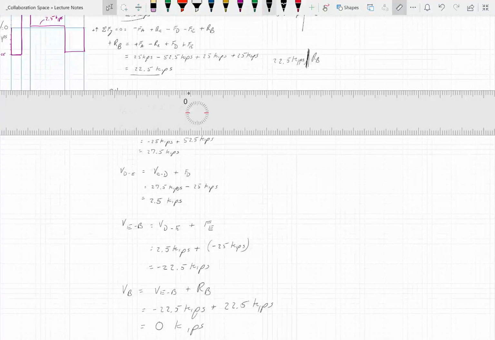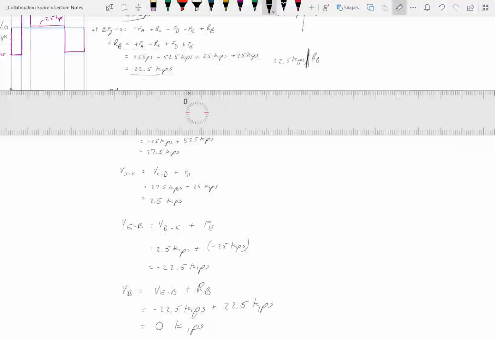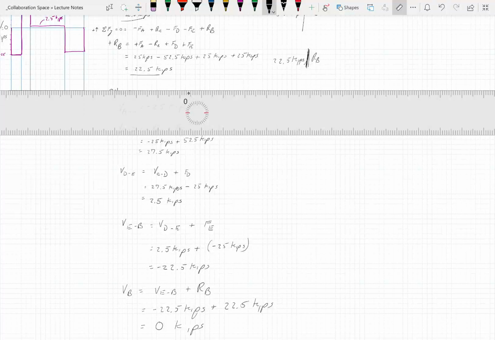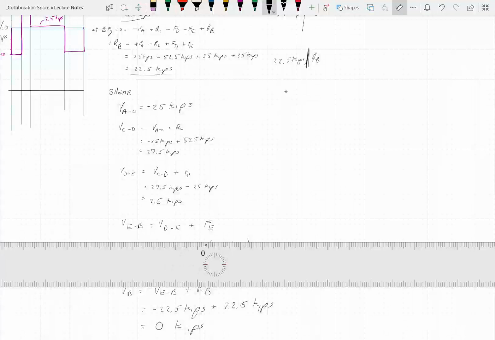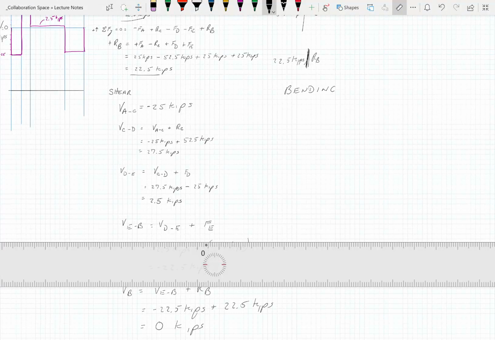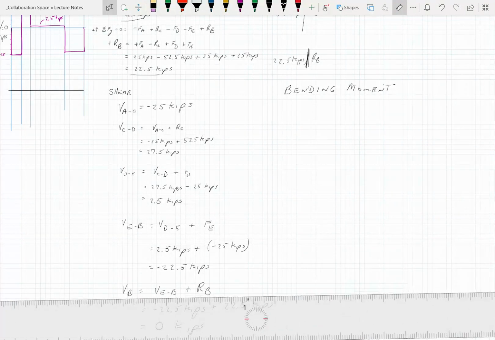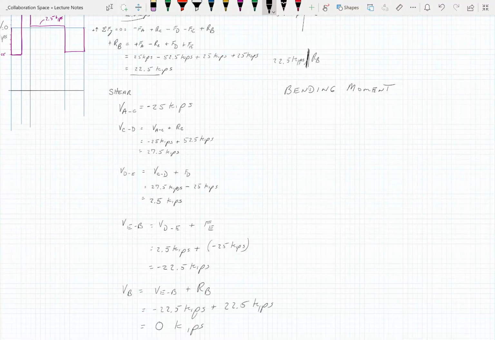So we need to draw a line. All right, so the bending moment now, and this is probably what you'd see on the second sheet of the comp paper.